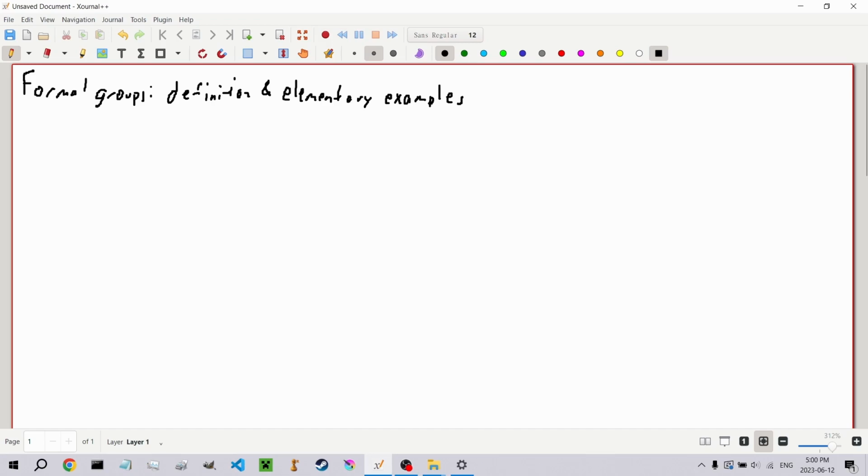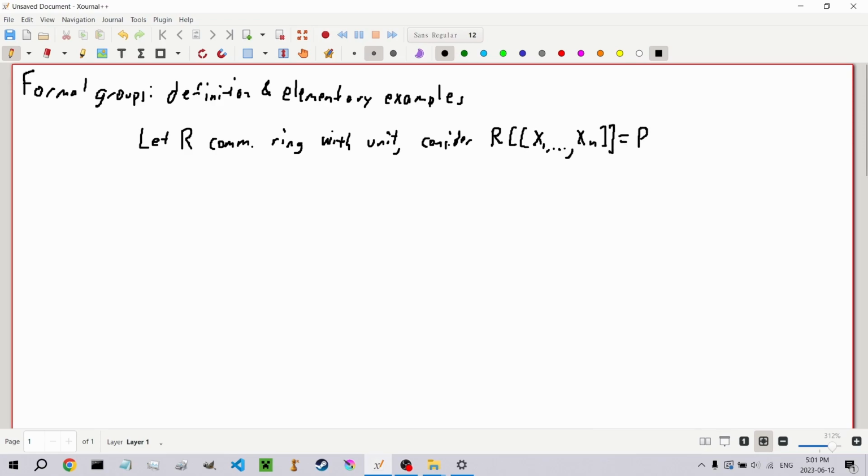So we need to do a bit of setup as always. We're going to let R be a commutative ring with the unit, and we're going to consider the formal power series ring in n variables, x1 through xn, which we're going to write shorthand as R[[x]].